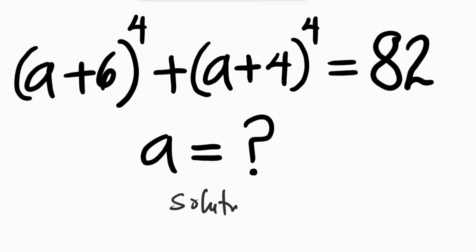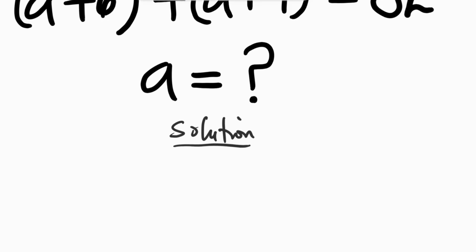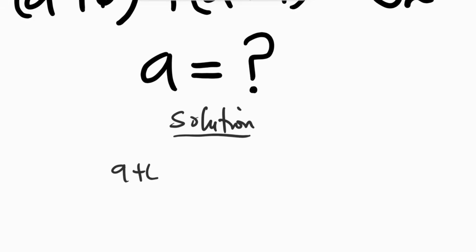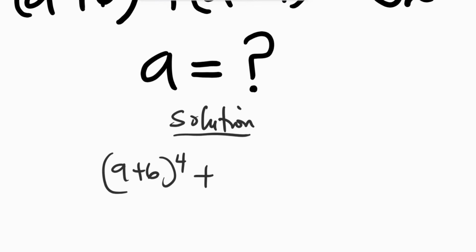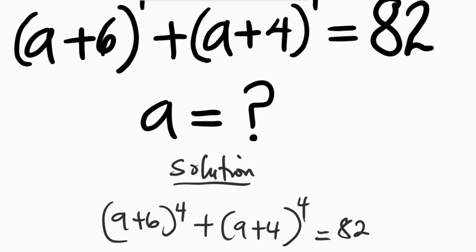Solution. So we have (a + 6)^4 + (a + 4)^4 = 82.